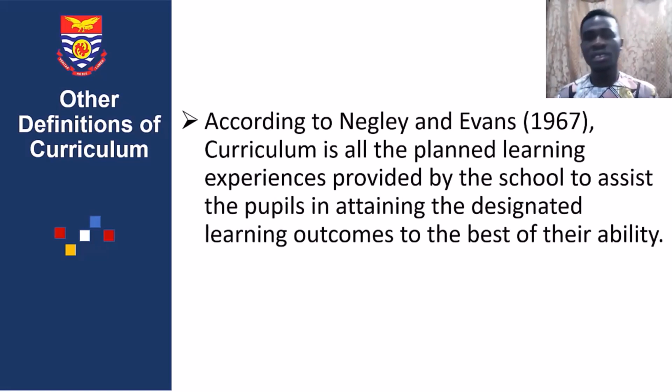To Negley and Evans, curriculum is all the planned learning experiences that are provided by the school to assist the learners in attaining designated learning outcomes to the best of their ability. So all the activities that we put together to ensure that the learner's fullest potential is attained is what Negley and Evans term as a curriculum.